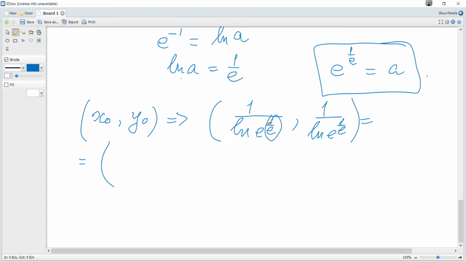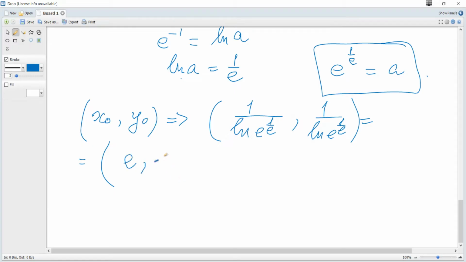Again, the power goes in front of ln, so it becomes 1 over (1 over e) ln e, and ln e, it's log to the base e of e, it's just 1, so it becomes 1 over 1 over e, and it's just e.